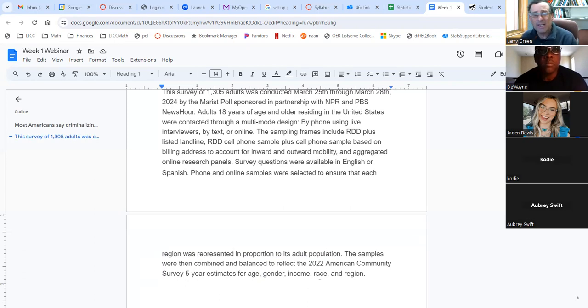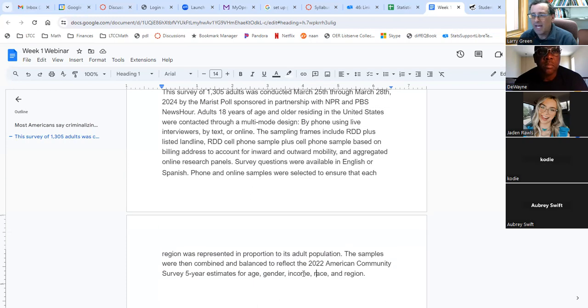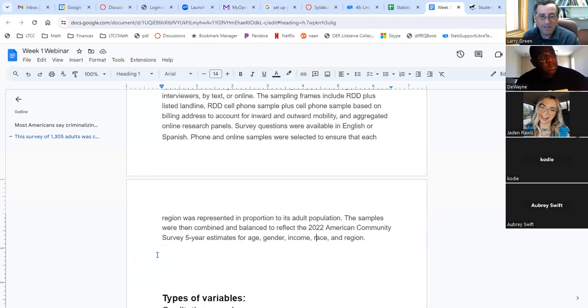So that's one of the techniques, and this is what they use. This is used the most when it comes to surveying people, by the way. That's called stratified sampling.